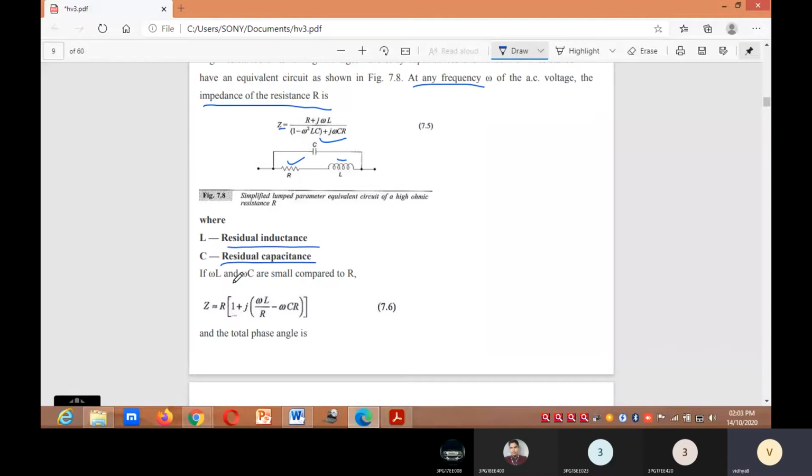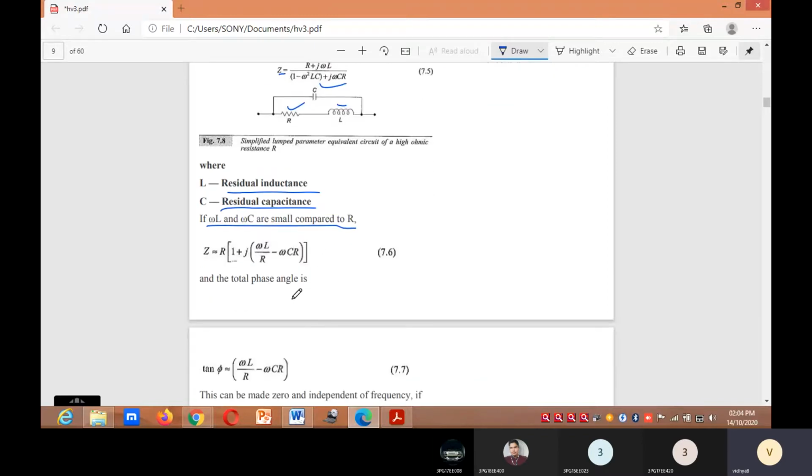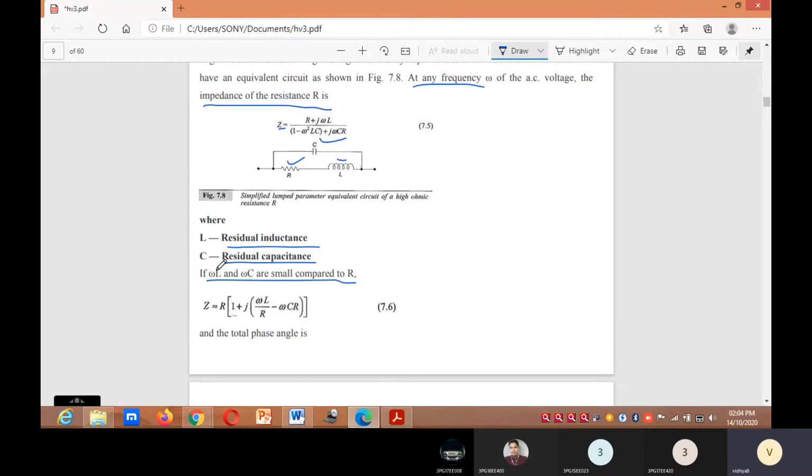If ωL and ωC are small compared to R, then we neglect these two terms. Z is equal to R (1 + j(ωL/R − ωCR)). This is what you get when we neglect the ω²LC term.